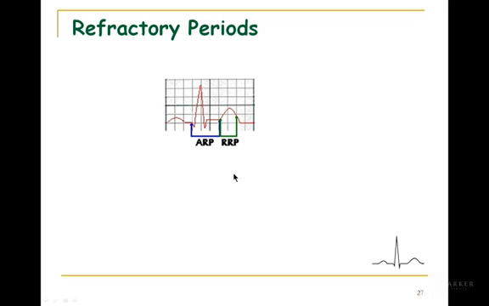Okay? The absolute refractory period is much longer in cardiac muscle than it is in skeletal muscle, which is going to be real important. Now, the relative refractory period in cardiac muscle is a period of time that starts from the beginning of the T to about 3/4 of the way into the T wave. If you apply a stimulus to the cardiac muscle again, you could get it to fire again, but it has to be much stronger than normal.